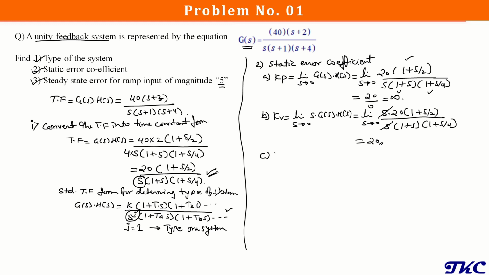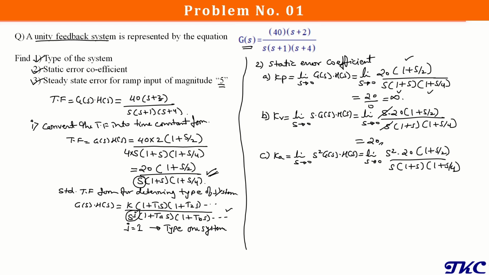Now next is Ka, that is the acceleration error coefficient. So it will be limit s tends to 0 of s square G(s) into H(s). So we can substitute the value here, so it will be s square into 20 in bracket 1 plus s by 2, upon s into 1 plus s into 1 plus s by 4.